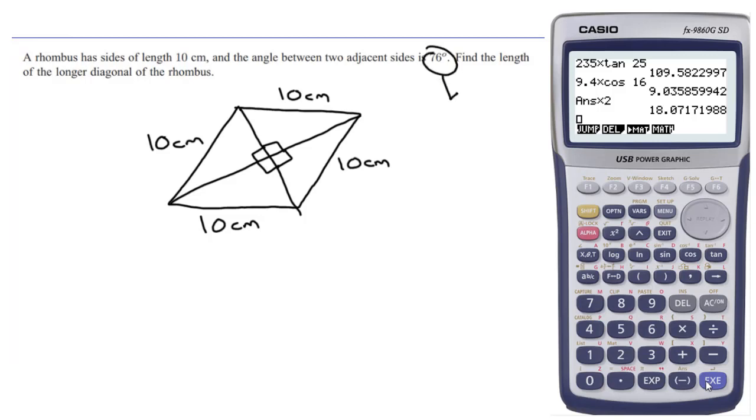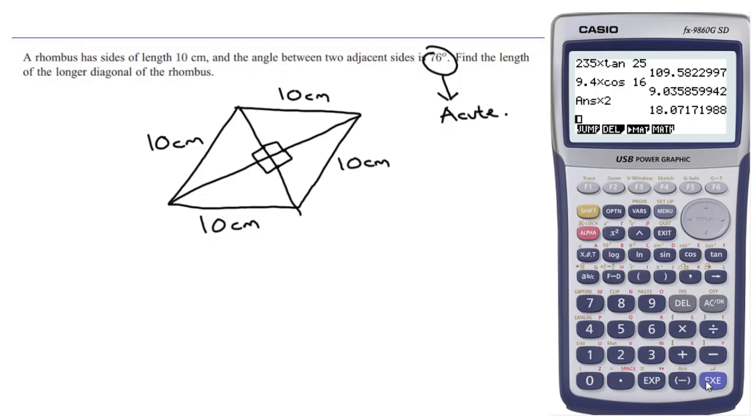Now if you think about the 76 degrees, that is acute. It's less than 90. So if I look at my rhombus, I've got two different angles in there. Any rhombus or parallelogram, you're going to have two acute angles and two obtuse angles. Otherwise, the only alternative would be for them to all be 90, which would mean it wasn't a rhombus anymore.